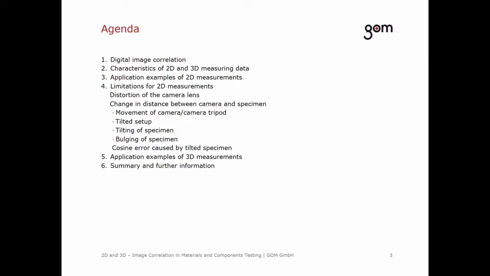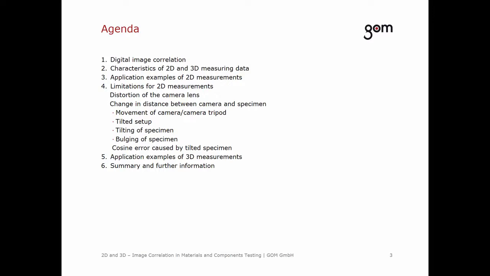Another larger aspect, the technical part of this webinar, will look into the limitations for 2D measurements, such as distortions of lenses which are used, changes of distances between camera and specimen, movement of specimen, specimen disorientation like tilting or bulging happening, the cosine error resulting from tilted specimens, and we will look into further applications in 3D where 2D measurements will definitively not be possible.